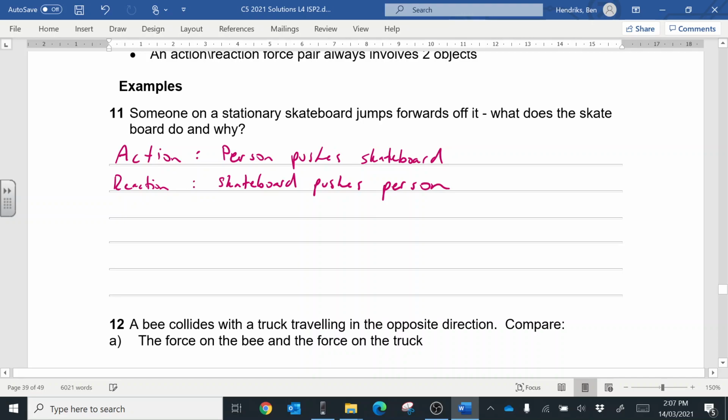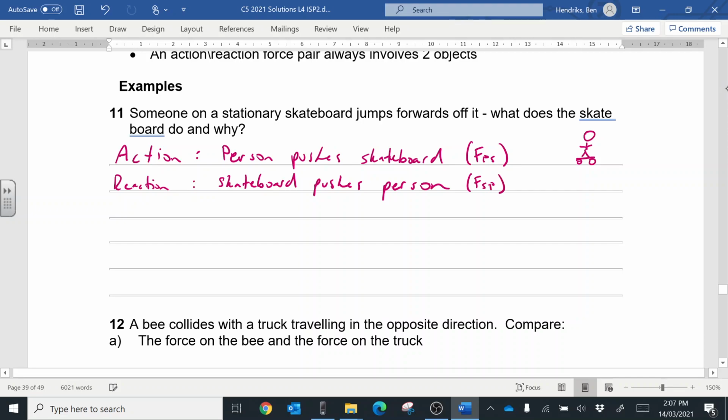Okay, so essentially, if we have a person on a skateboard and they'll be pushing, let's say this is F of person on skateboard and this is F of skateboard on person.